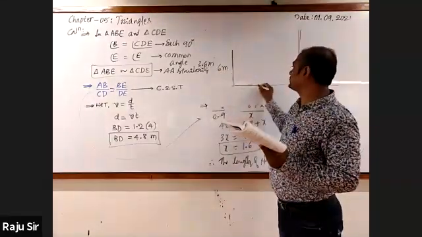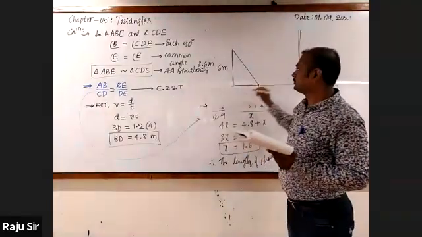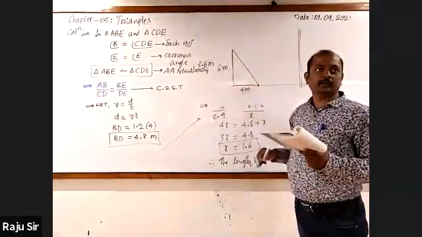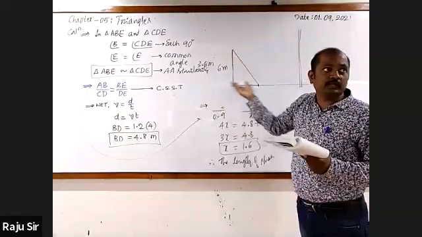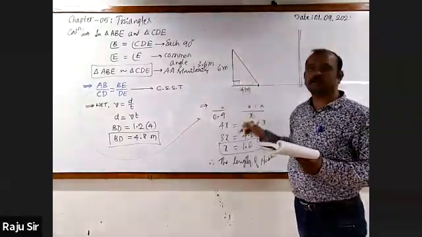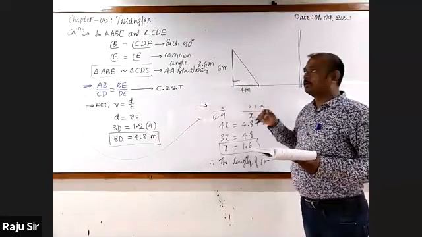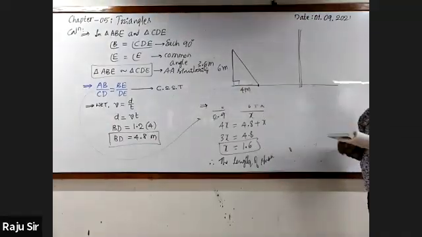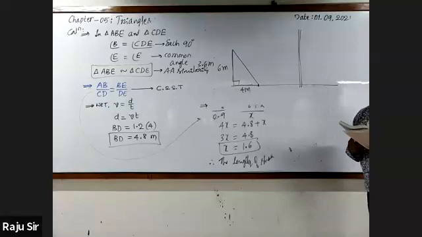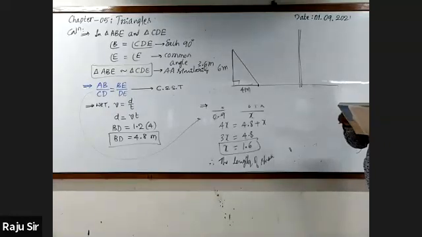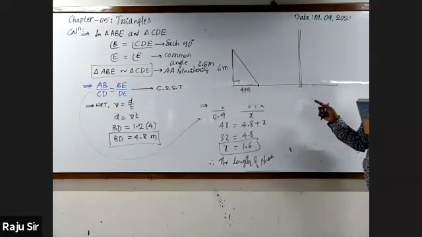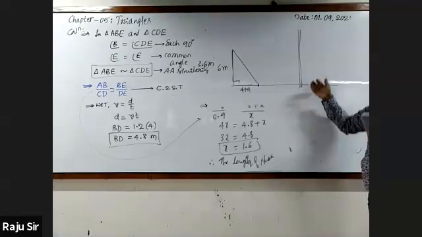What is the length of the shadow? 4 meter. It is standing vertically. That means it is standing on the ground perpendicular to its surface, right? Observe the board. Next, there is a tower. What is its height? It is unknown.